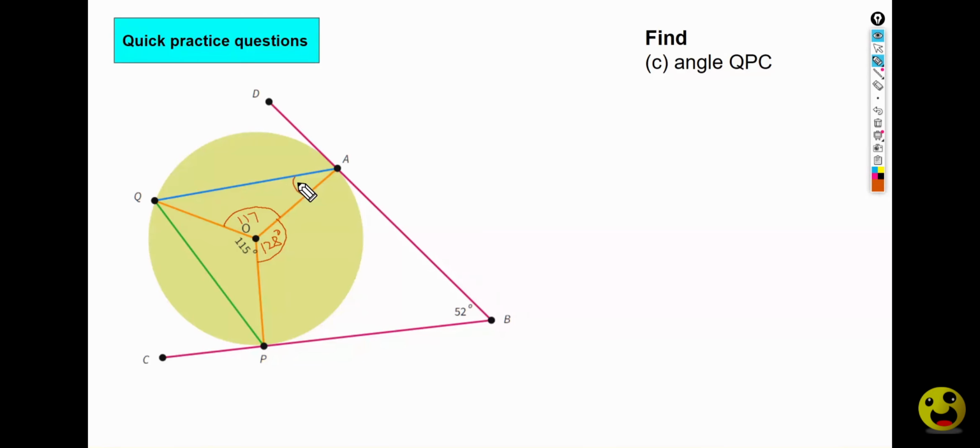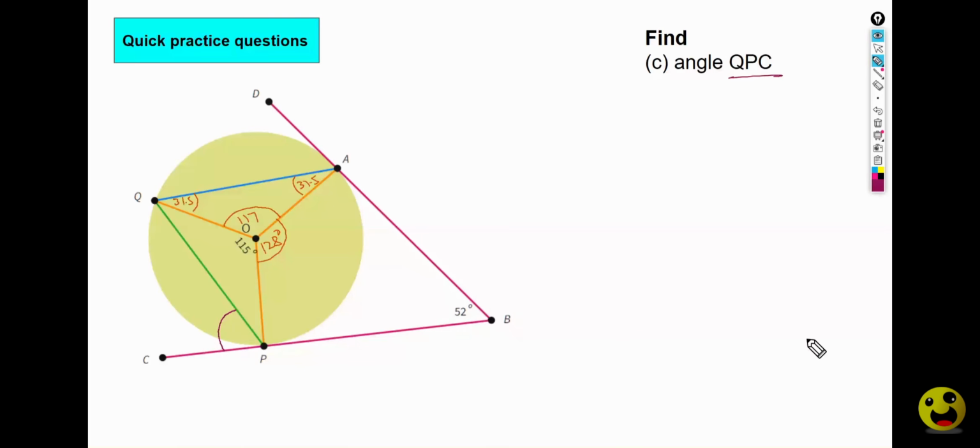And we know this angle is 31.5. And this angle obviously will also be 31.5 because base angles in the isosceles triangle are equal. Right, so I have some information in front of me. Next part is asking me to find angle QPC. That's this angle here.